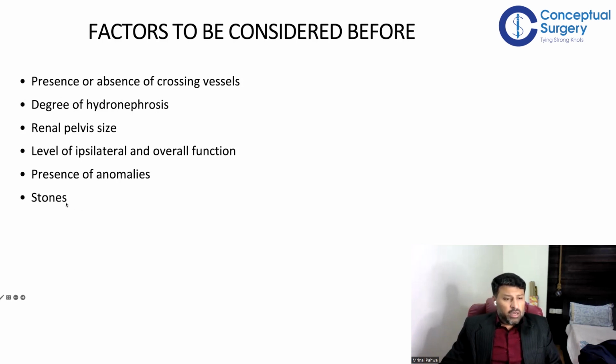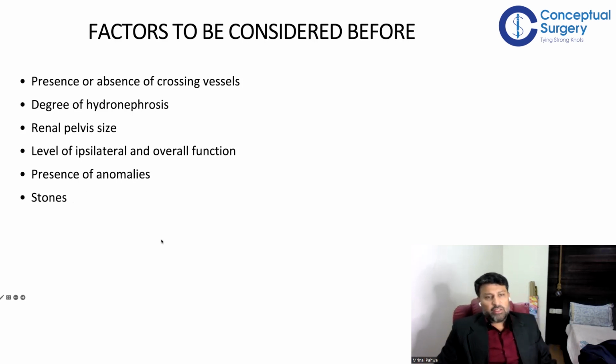And finally, if we need to tackle the stones also, because we won't be doing multiple procedures, we will be tackling the stones and dealing with the primary pathology in the same sitting. So these are the factors that we need to see beforehand before proceeding with the surgery.